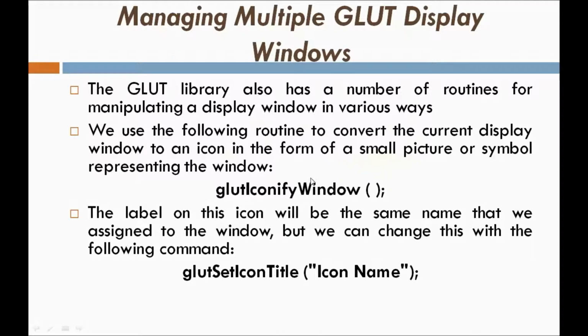If you want to convert your glut display window into an image format, you can use the command glutIconifyWindow. It will be like an icon. You can just click on that and the window will be opened. So you can use the glutIconifyWindow command to convert your display window into the icon format or a small picture format.